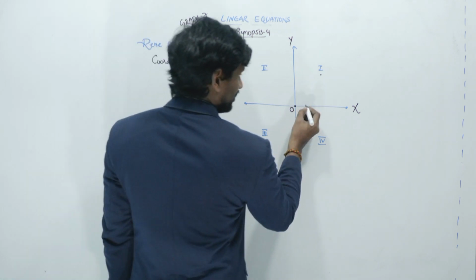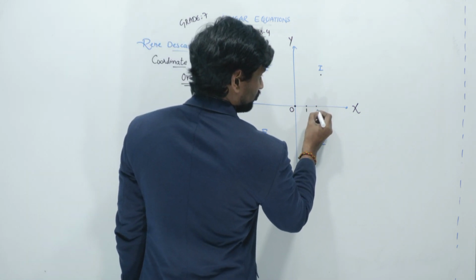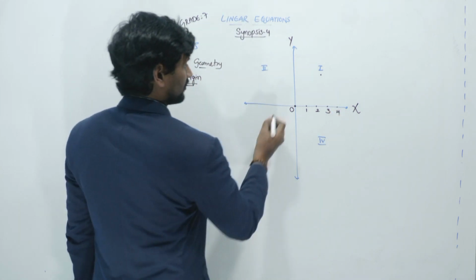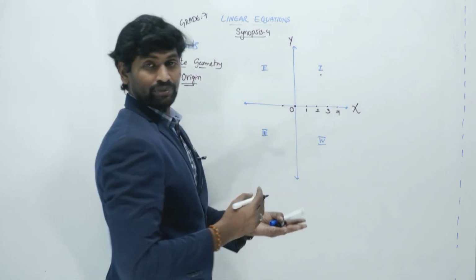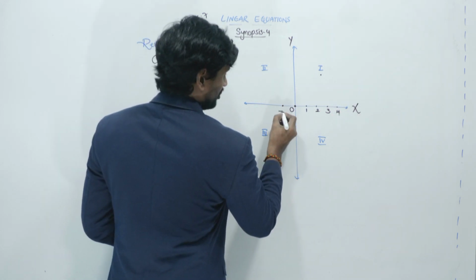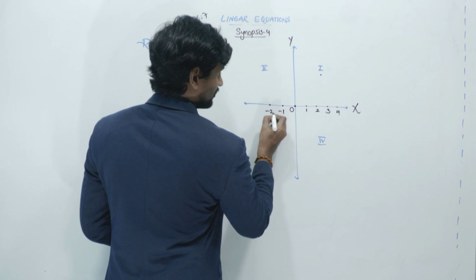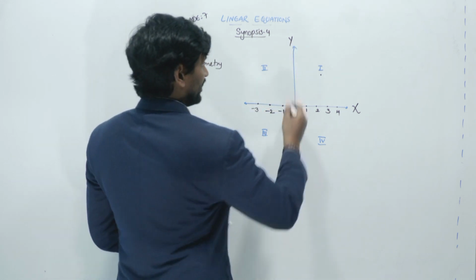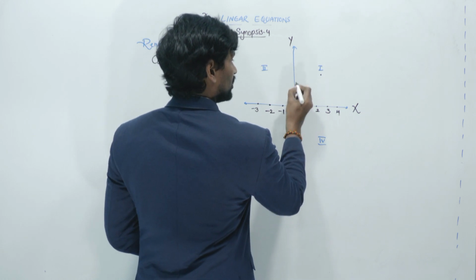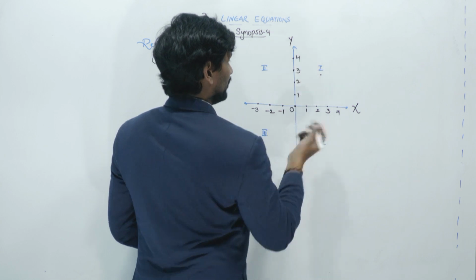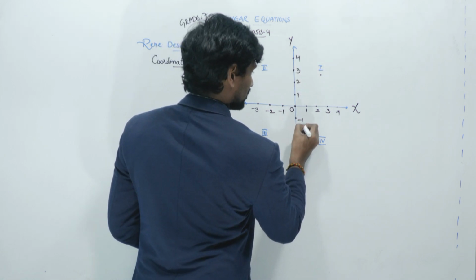For example, 1, 2, 3, 4, like this we have taken some points. Like a number line, to the right of 0 are all positive numbers and to the left of 0 all negative numbers. Same way on the y-axis, above 0 all positive numbers and below 0 all negative numbers.